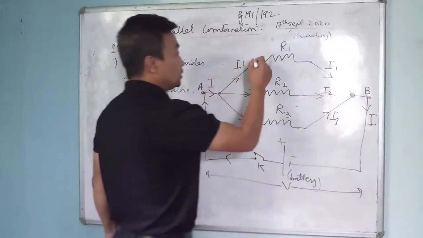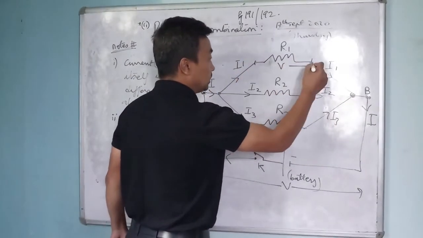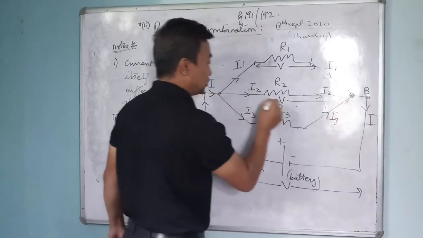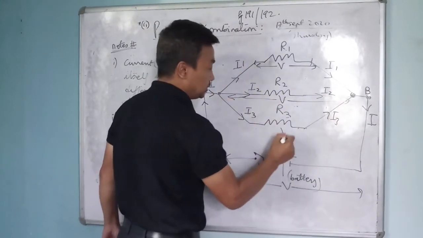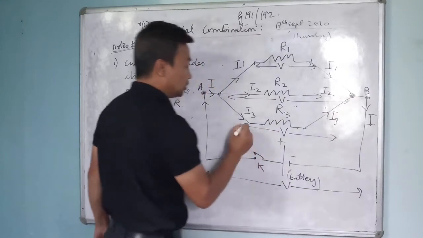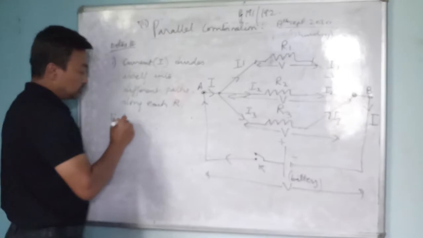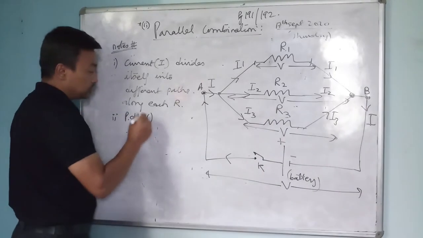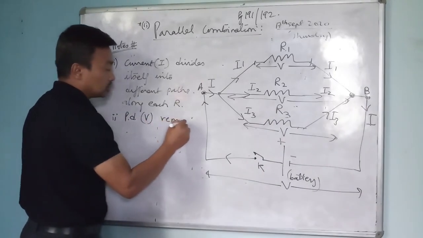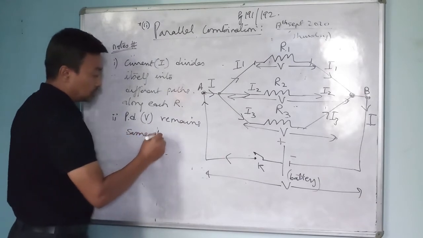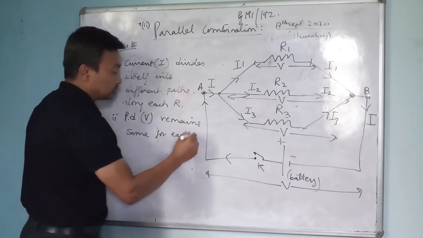So for the resistor R1 also you will have the same potential difference V. For the resistance R2 also you will have the same potential difference V, and for the resistance R3 also you will have the same potential difference V. So potential difference V remains same for each resistor.